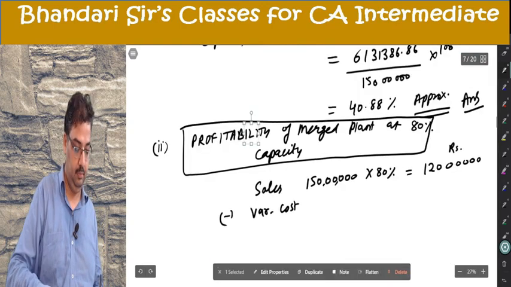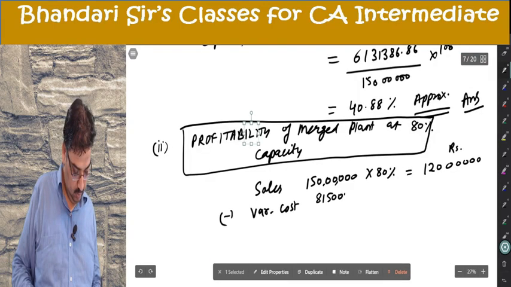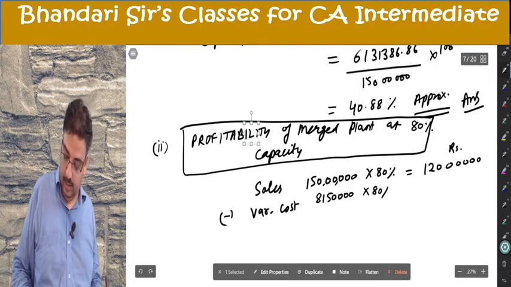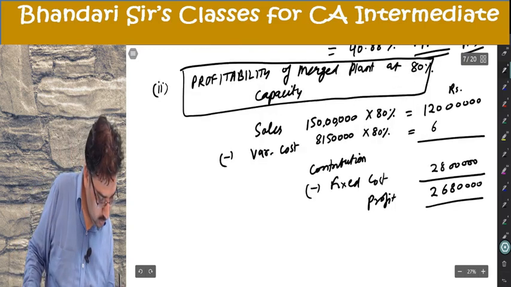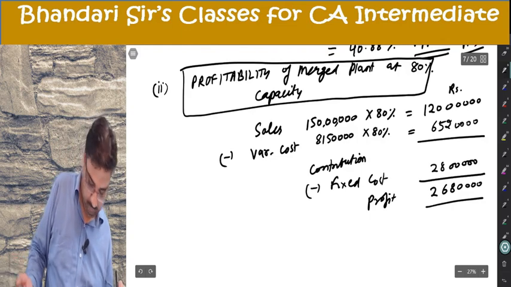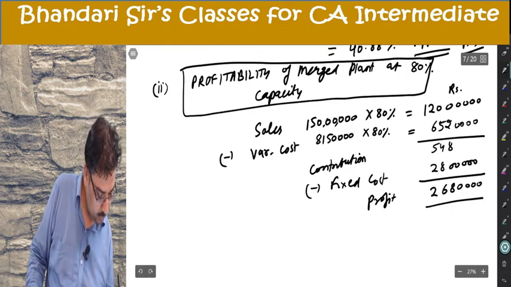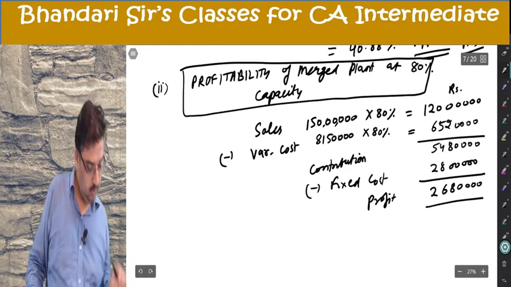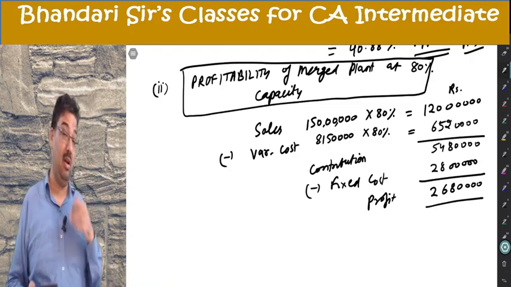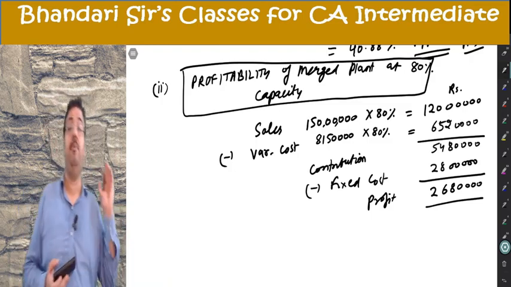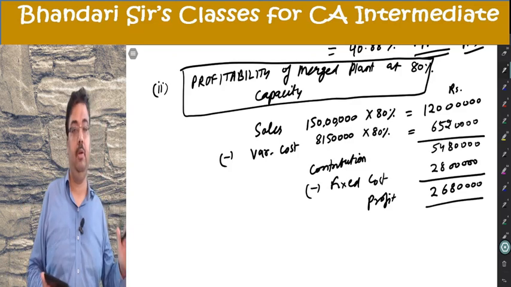Variable cost we had 1,50,000 into 80%. This is 65,20,000. This is 54,80,000. No, it is correct, 26,80,000. But this is not complete. He is wanting profitability, not profit.